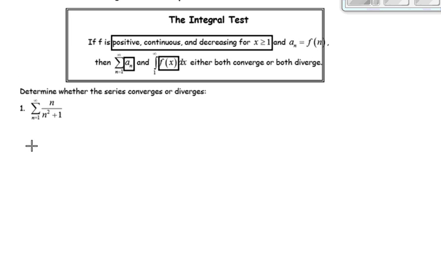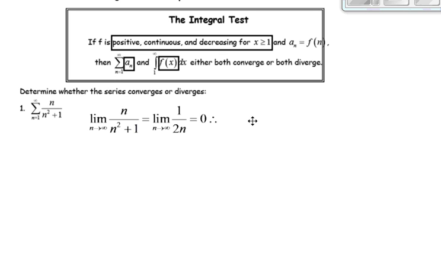Now, I would always think about the nth term test, just in the back of your head. So that is, if the limit as n approaches infinity of n over n squared plus 1, and you don't have to write this down, but just think about the nth term test before we move on and try other tests, it's pretty simple. So the limit of that would be, if we applied L'Hopital's rule, we'd get 1 over 2n, which then would approach 0.